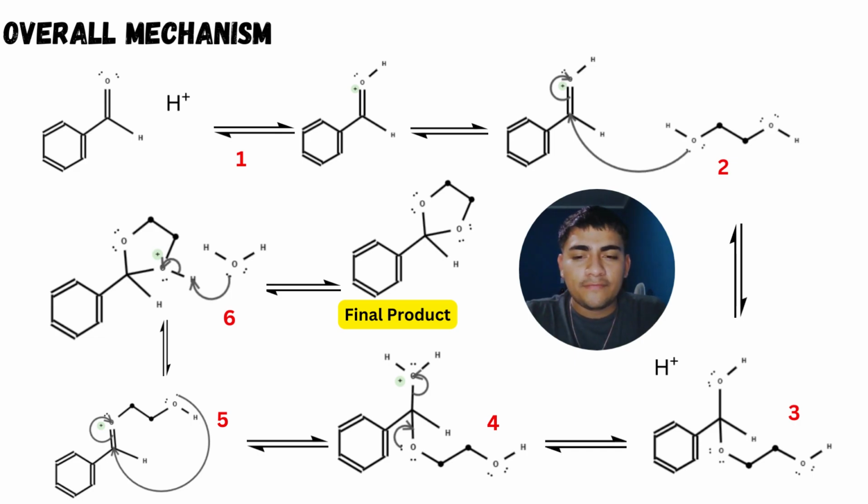In our fifth step, you can see that there's an intramolecular interaction with the hydroxyl group up there, which attacks the carbonyl, related to the second step of the mechanism. So it causes the double bond to break and it forms this five-membered ring. However, it still has that hydroxyl group there, which later is deprotonated by the same water that left in step four, and so it causes our final product to form, which is the acetal formation.